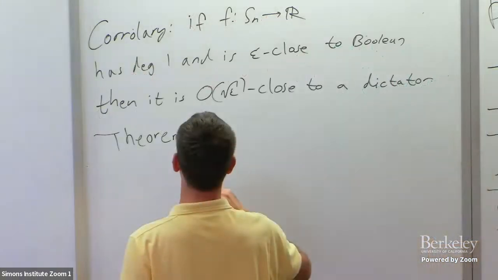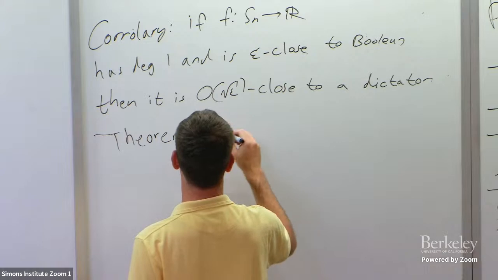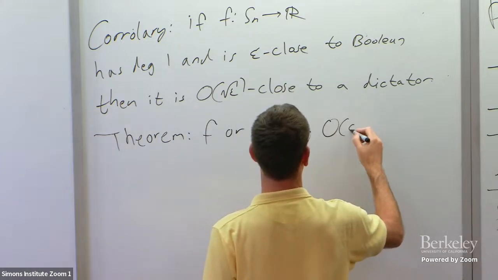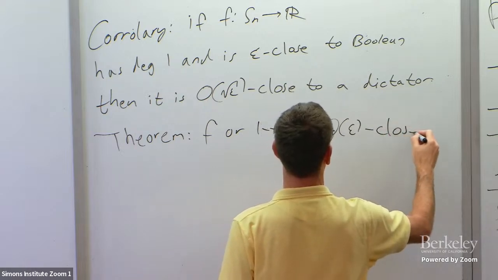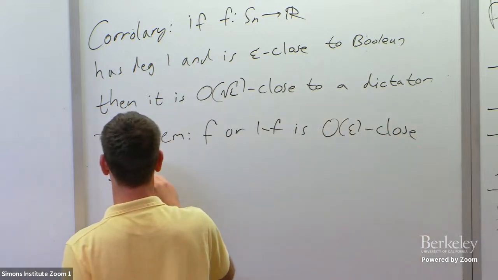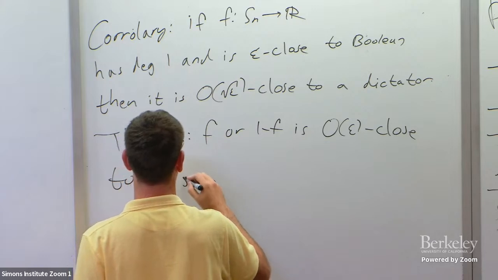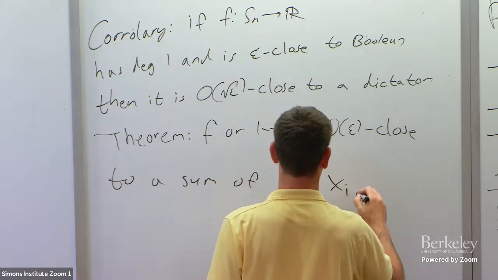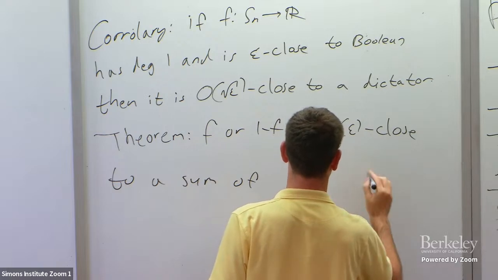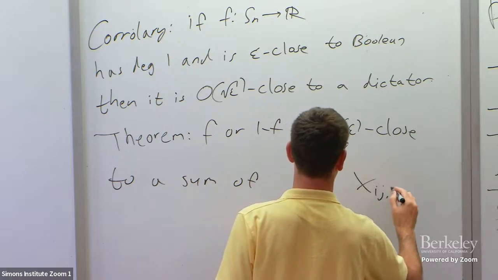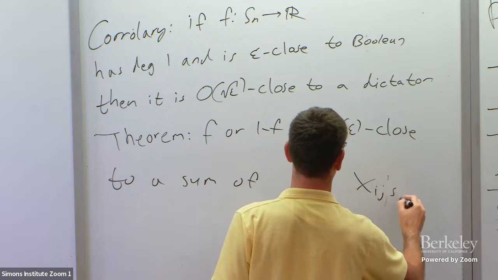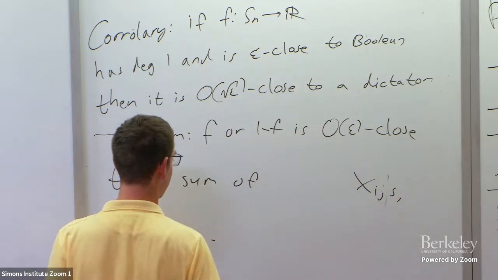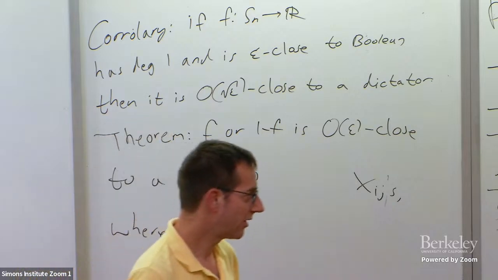Under the same conditions, f or 1 minus f is order epsilon close to a sum of x_ij's where there will be some constraints. So what are the constraints?